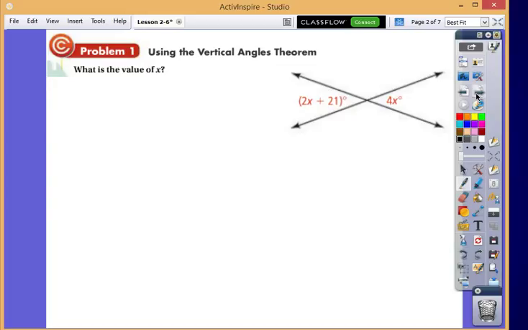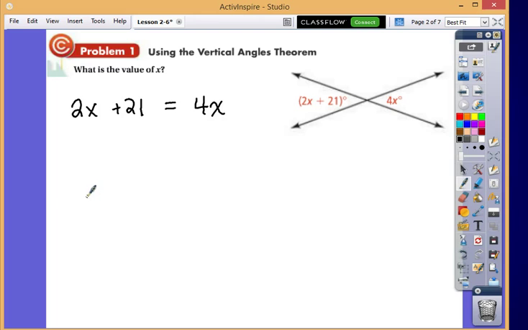In this particular problem right here, I can visually inspect this drawing and see that 4x and 2x plus 21 are vertical angles. So since I know that they're vertical angles, I can then say 2x plus 21 is equal to 4x because vertical angles are congruent, and by the definition of congruency, congruent things are equal.